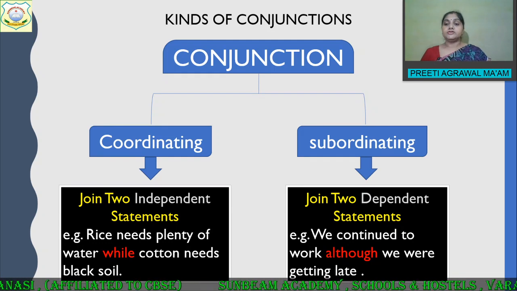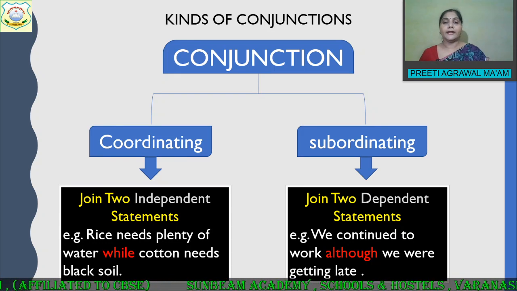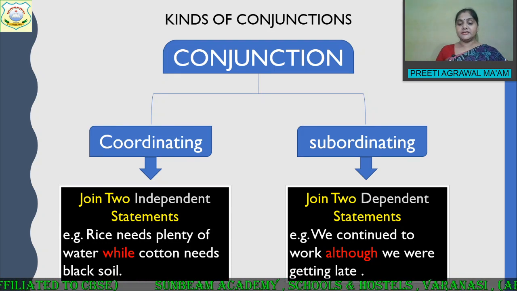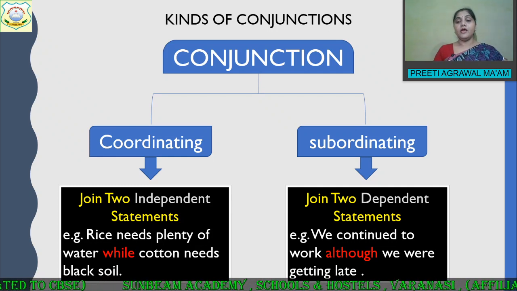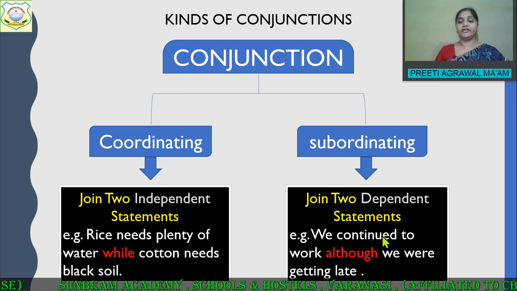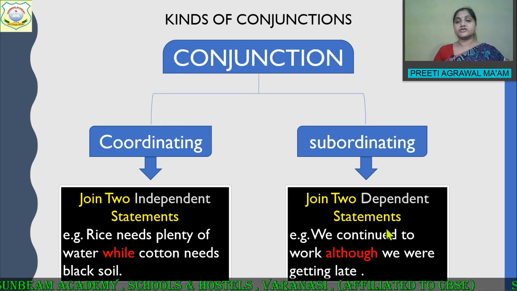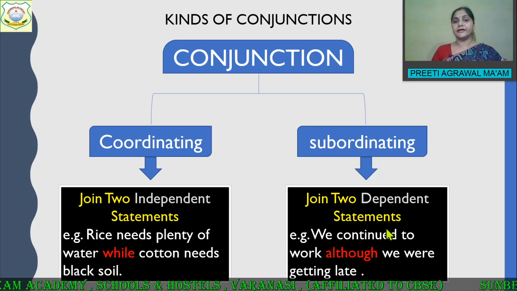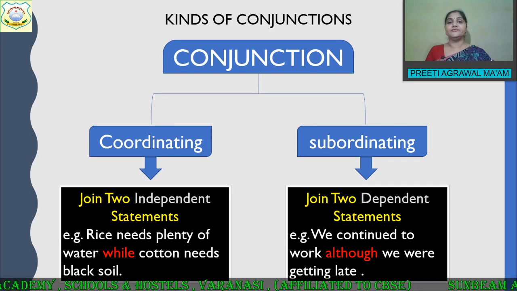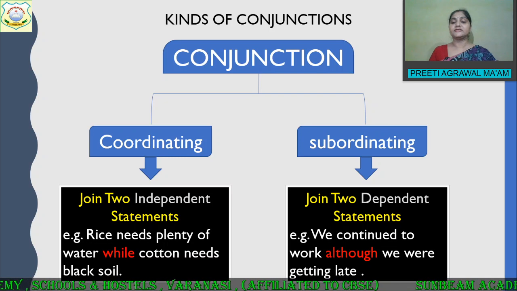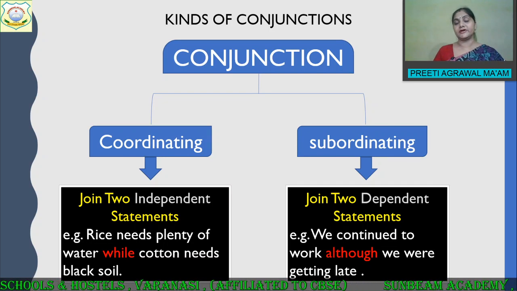Dependent clause or dependent statement means when any one sentence, whether the first one or the second one, depends on another sentence to make its meaning clear. That is called a dependent statement because it depends on another sentence to clarify its meaning.